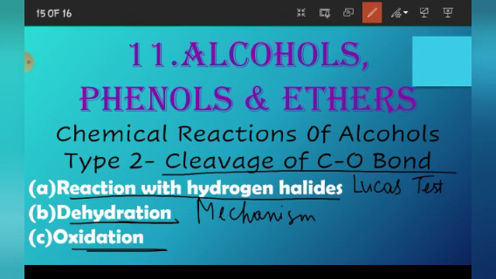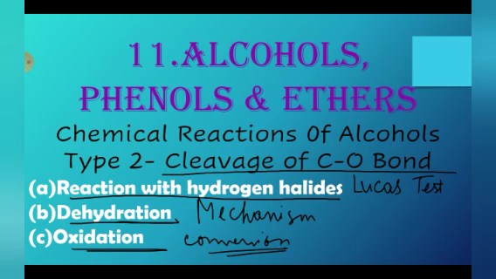This reaction is used in conversions again and again, and I have discussed all the conditions and all the reagents with you. So go through your NCERT also. All these things are there, so learn them properly.